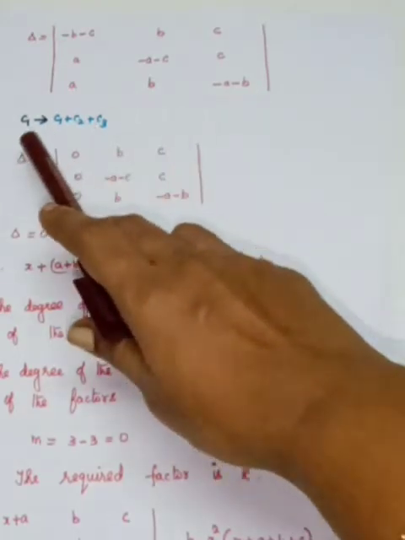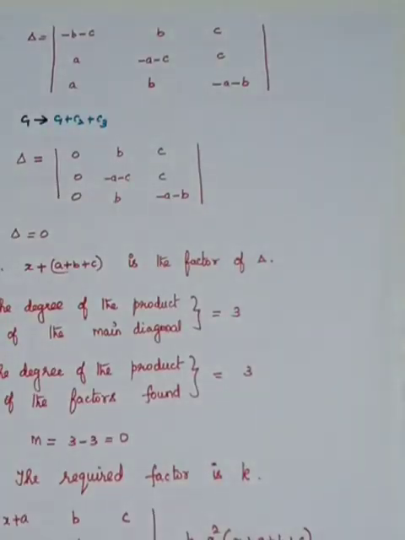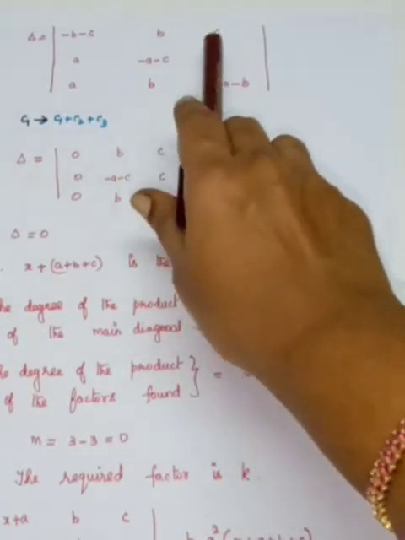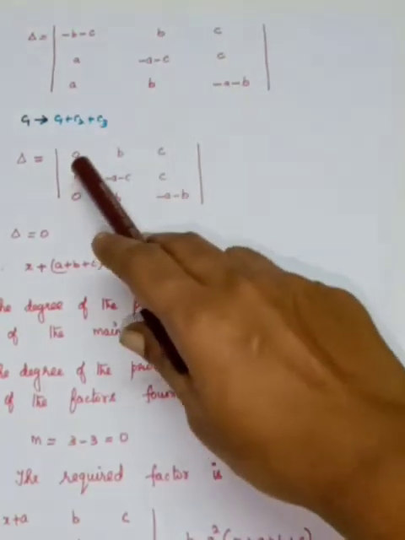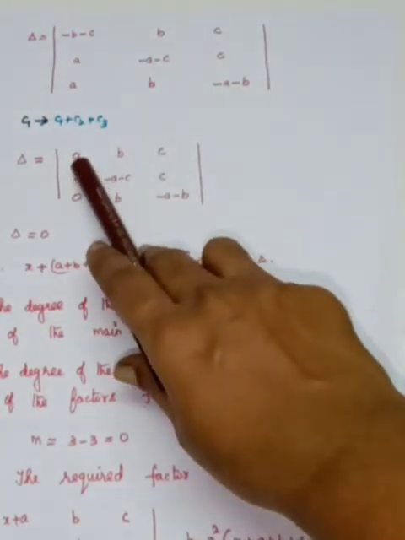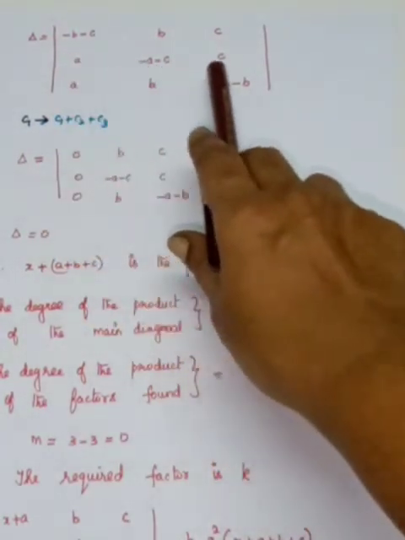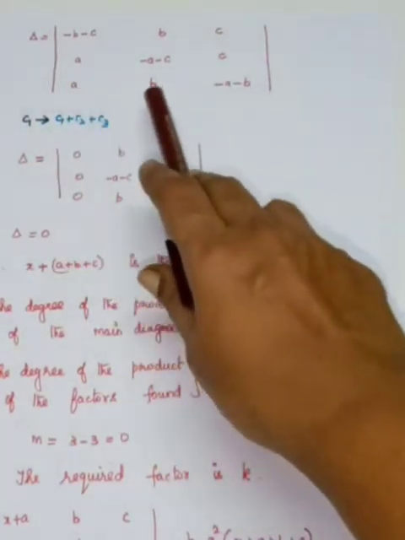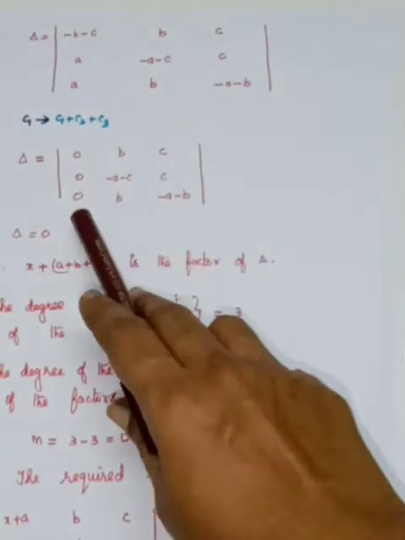Now I have written the transformation C1 goes to C1 plus C2 plus C3. That means minus b minus c plus b plus c, so everything gets cancelled, and the first element of C1 is 0. In the same way, if you add all three, C1 plus C2 plus C3 is equal to 0.